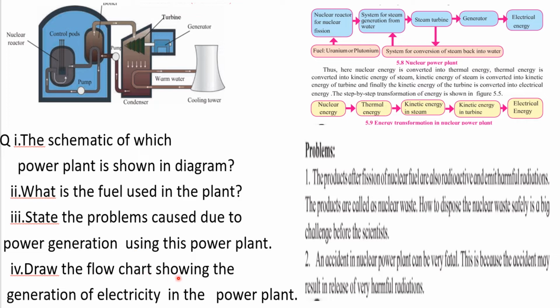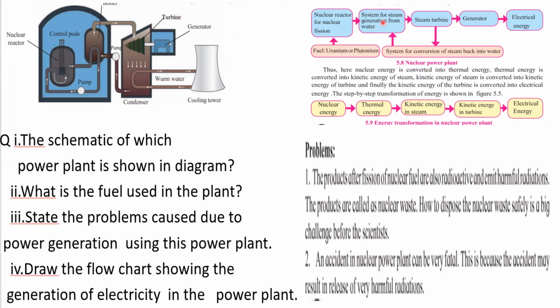Now, we have to draw the flow chart for the generation of electricity, as well as the flow chart of electric energy production. Here there is a nuclear reactor for nuclear fission. Now, here is the system for steam generation from the water, which rotates the steam turbine.